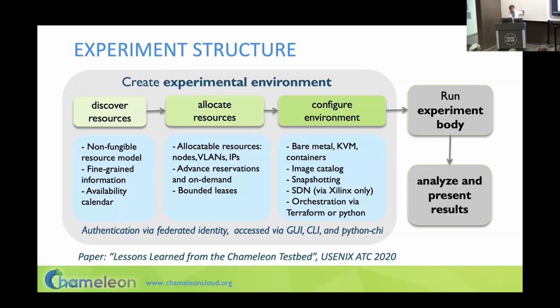We support non-fungible resource models. So in other words, if you're doing experiments with, let's say, performance variability or power management and want a consistent resource baseline, you can always reserve the exact node that you're working on. We've got an availability calendar. And then once you discover which resources you want, you can allocate them.